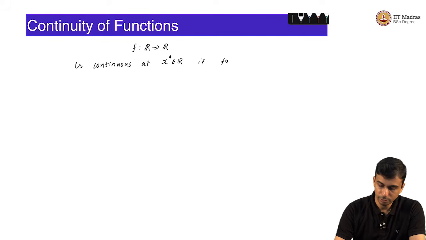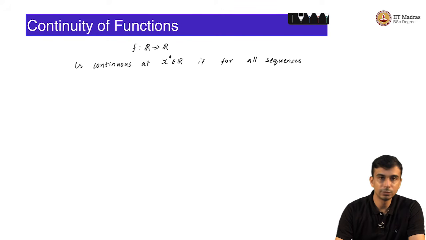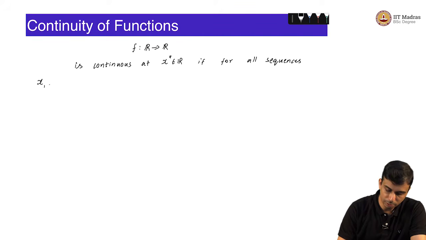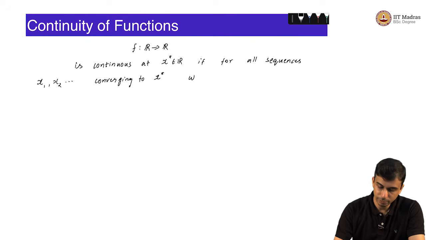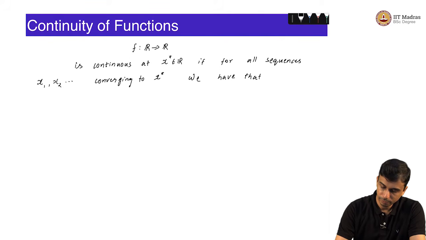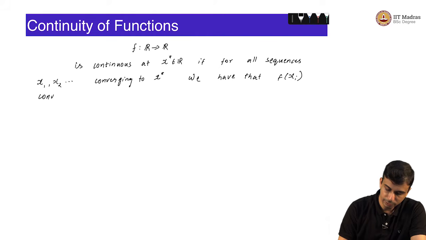If for all sequences converging to x star, all sequences x1, x2, dot dot dot converging to x star, we have that f of xi converges to f of x star.